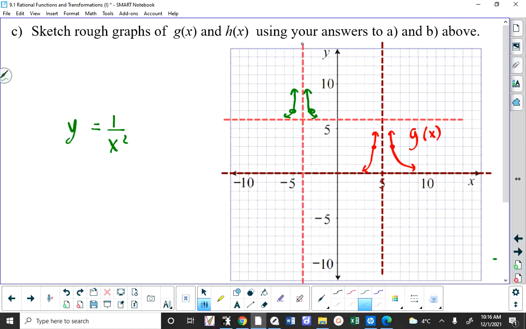But it's reflected vertically, and it's reflected vertically before we do this. But reflecting it vertically will put these points below the x-axis, which is where the asymptote is. So when we move the whole thing, it's like we're moving the x-axis, but we're only moving the asymptote. So what this is going to look like is the following.